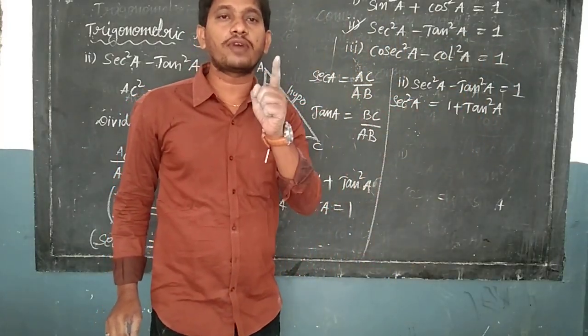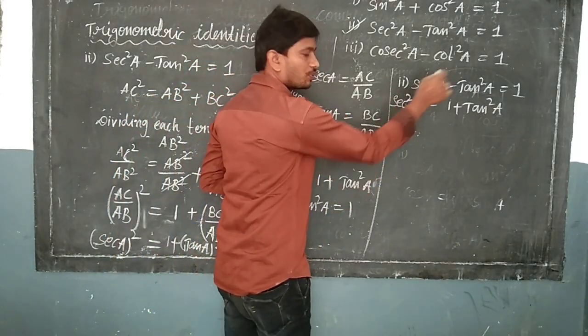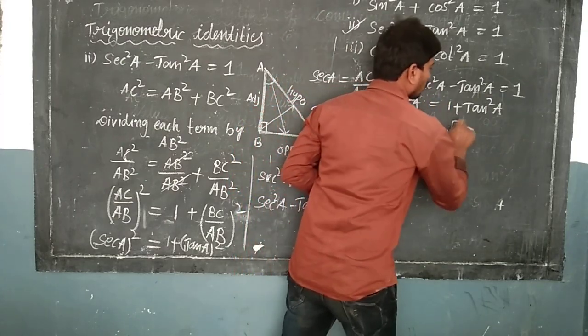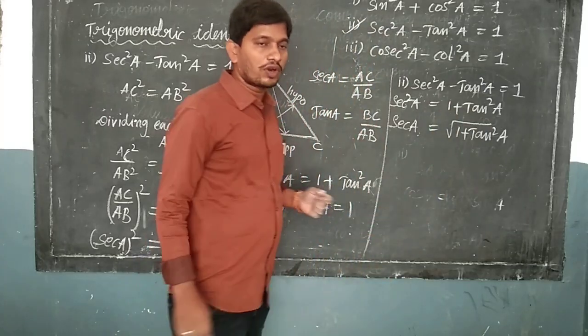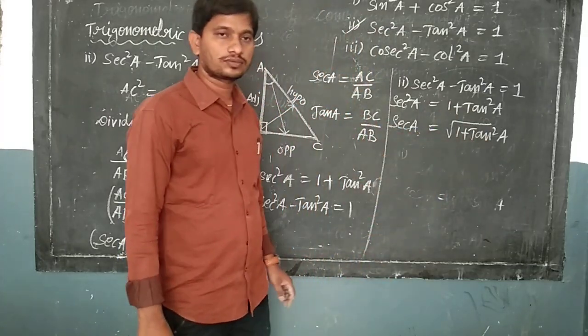Sec square A equal to 1 plus tan square A. Here the square transposed, so sec A equal to root over 1 plus tan square A. What is the formula of sec A? Square root of 1 plus tan square A.